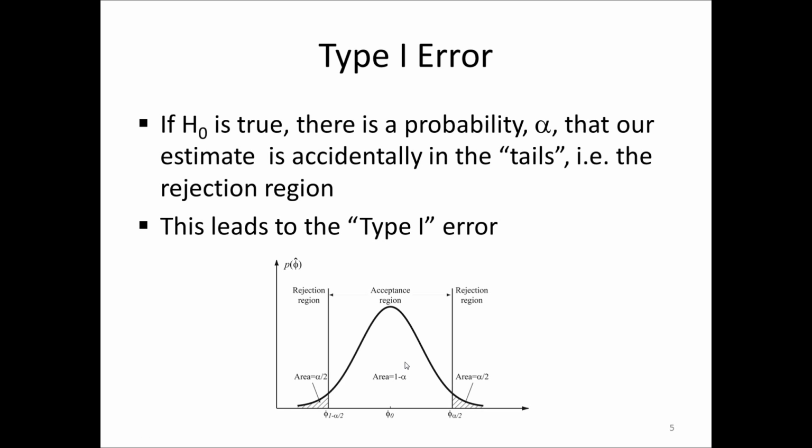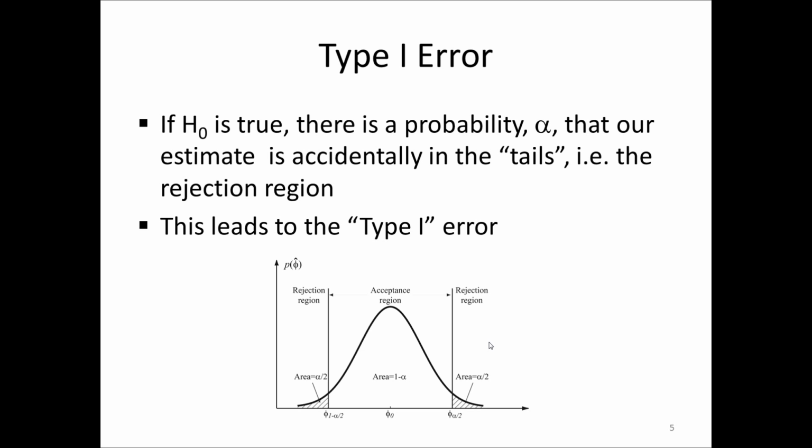Now, there are two things that can go wrong in a hypothesis test. Here we see the first type of error, which is denoted type 1 error. This error is that the null hypothesis is correct, but that the value of our variable, by accident so to speak, ends up outside the acceptance region.